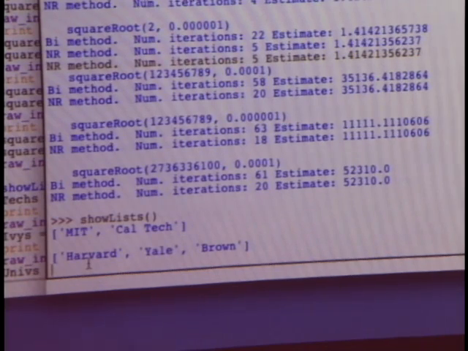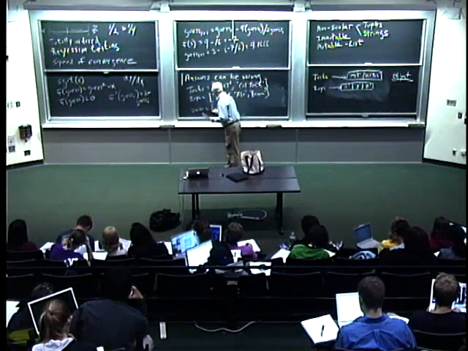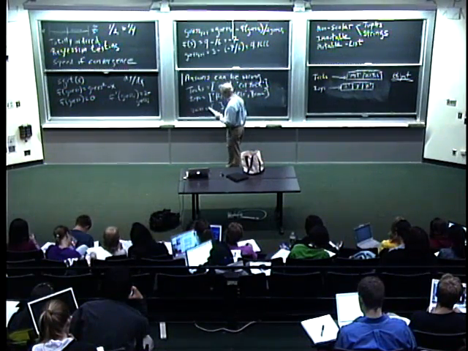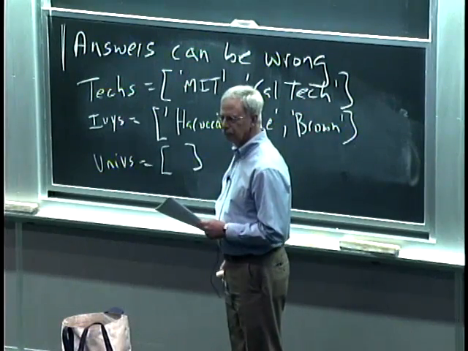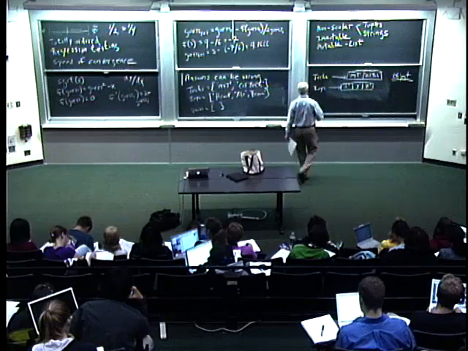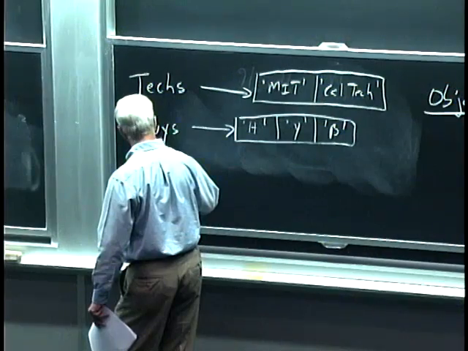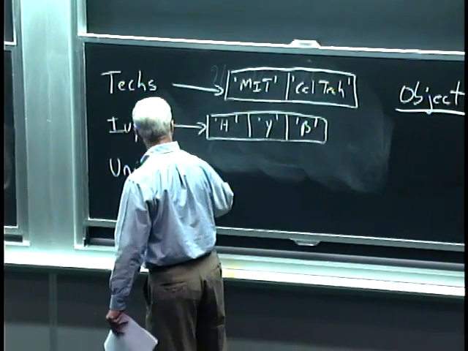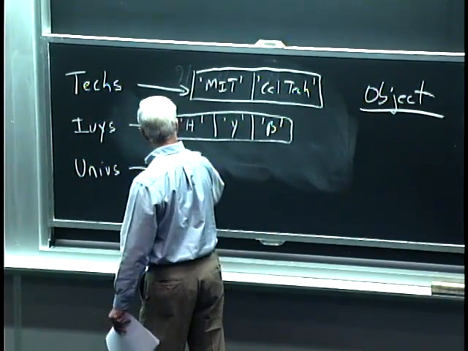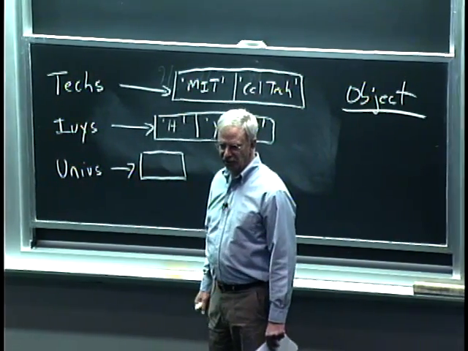Now, let's say I have unevs, for universities, equals the empty list. That would create something over here called unevs, a variable. And it will point to the list, an object that contains nothing in it.